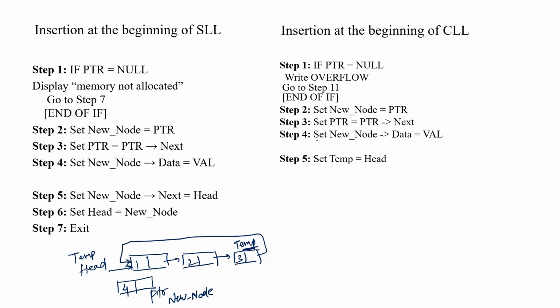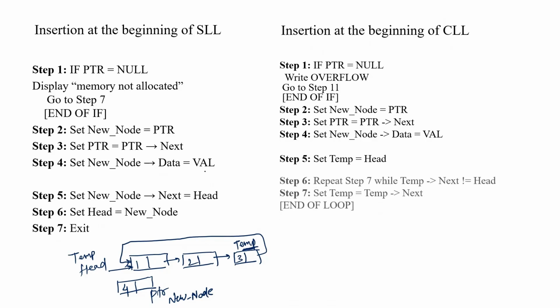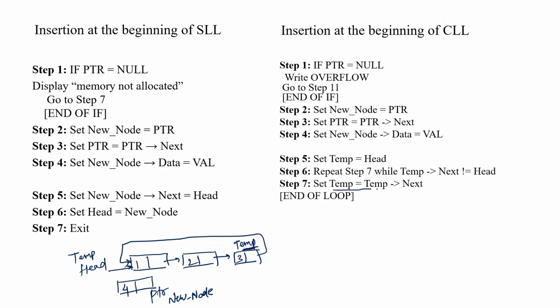In the next step, I will do temp is equal to temp to next. If you do temp is equal to temp to next, then this temporary variable will come here. Then again we have to repeat it. So how many times are we going to repeat it?